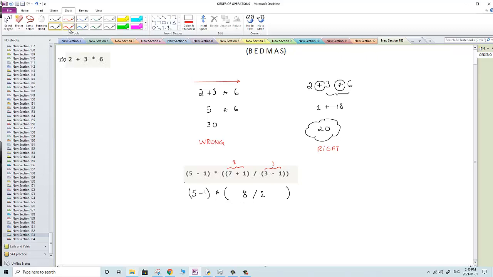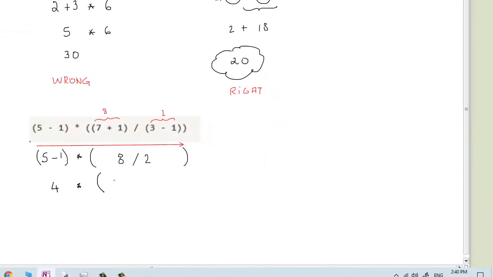Since I have bracket and bracket, we start from left to right because they are at the same level. So Python would say 5 minus 1 equals 4, 4 times 8 divided by 2. After that, Python will do this bracket, so 8 divided by 2 equals 4. And after that, 4 times 4 equals 16.